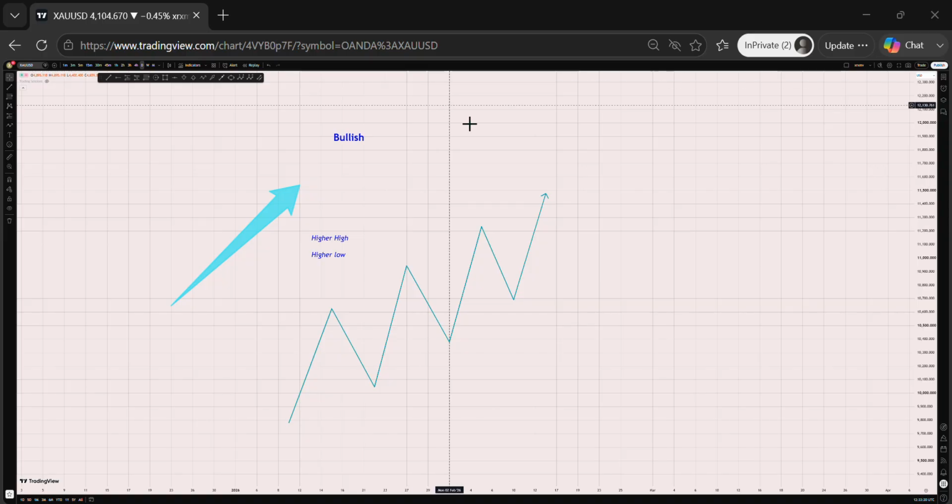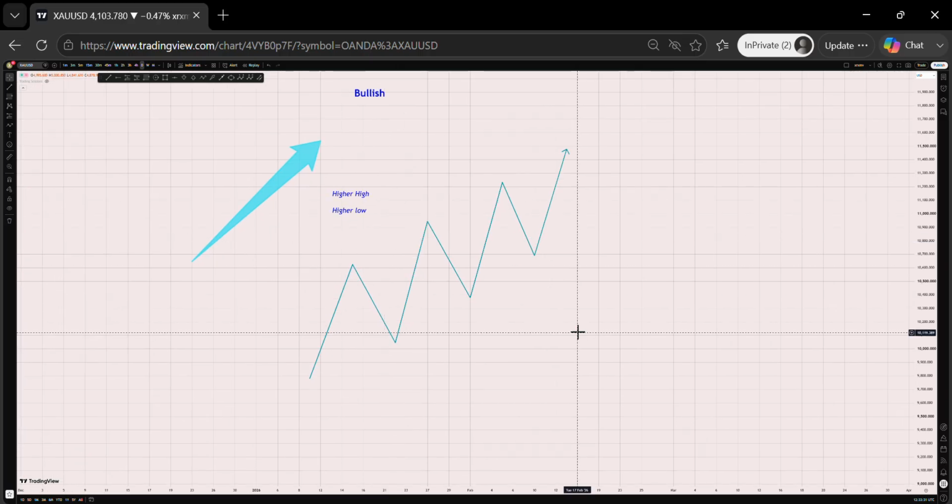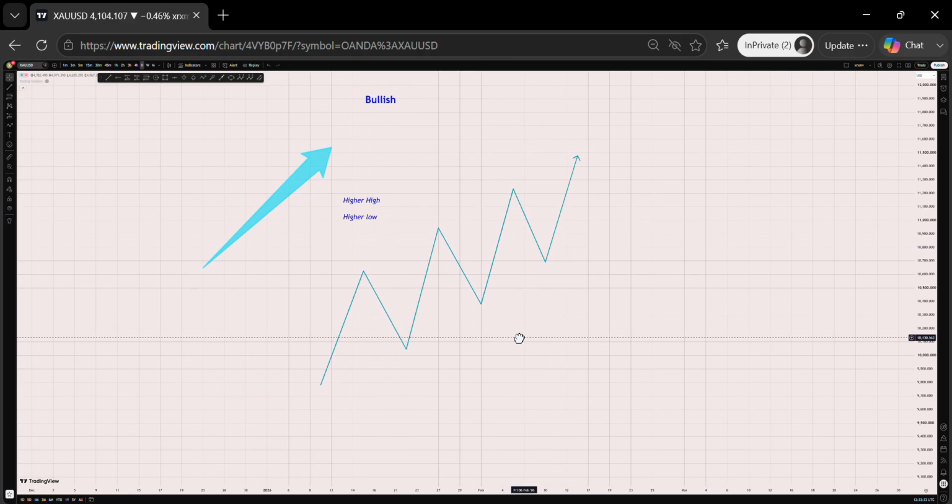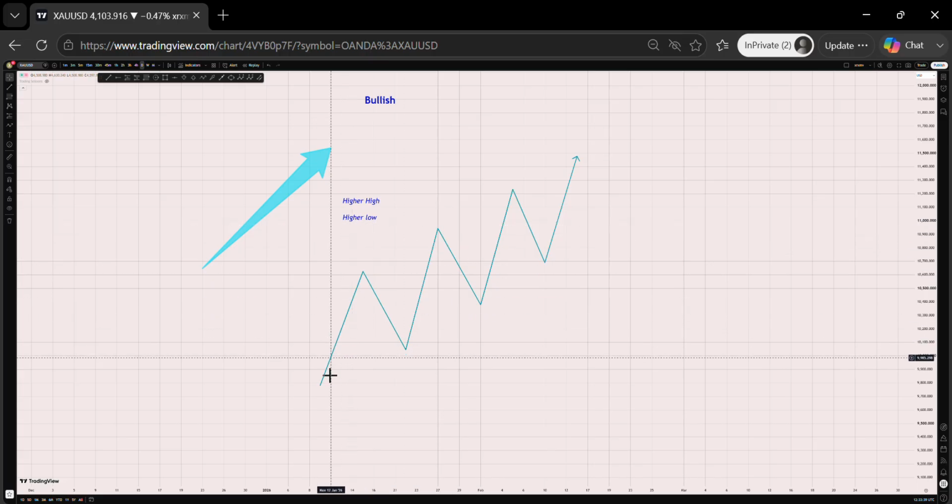The bullish market has two outstanding characters. Okay, and we call them higher highs and higher lows. Okay, I'm going to illustrate on the chart. As you can see on our price action over here, the price started from this region over here, and then this impulsive move has taken the price to a higher region.